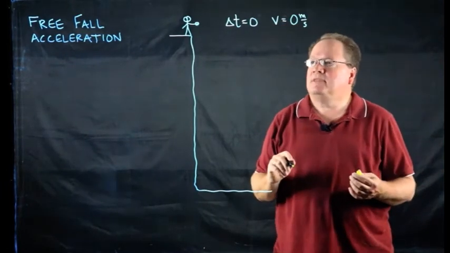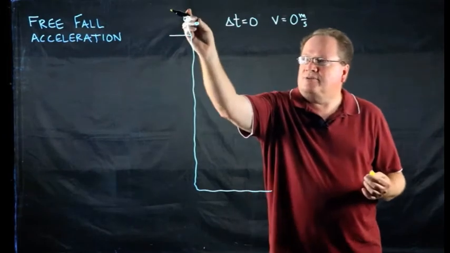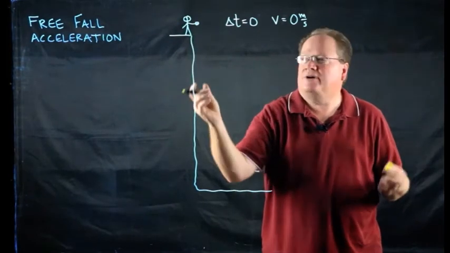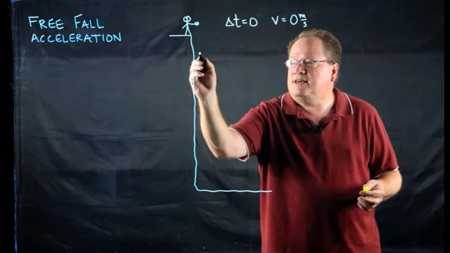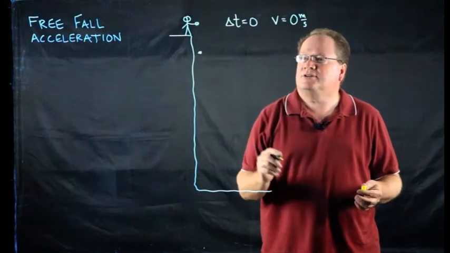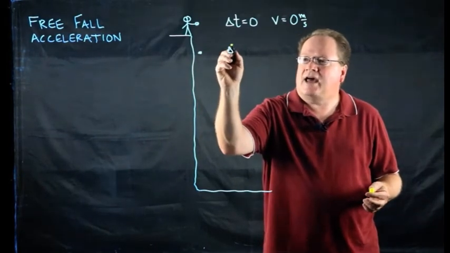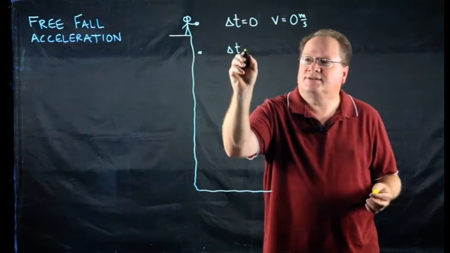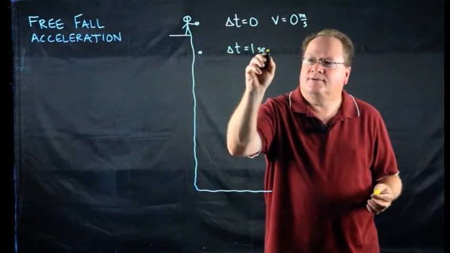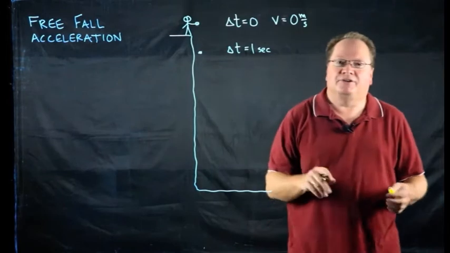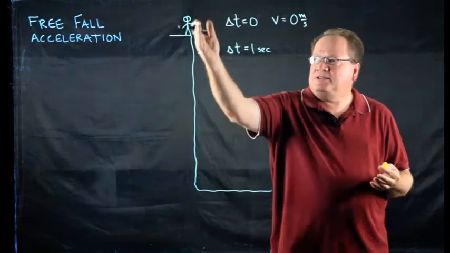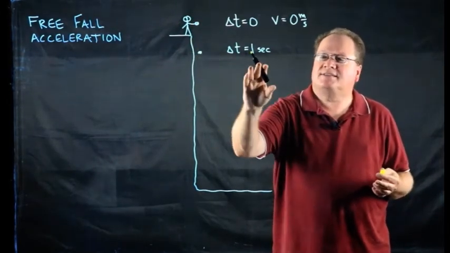Okay? Now, the rock is, of course, going to begin to fall because gravity's pulling on it. And so let's just say that that rock is in this location after 1 second has passed. My guy here is totally out of scale, but let's just say 1 second has passed as this thing falls.